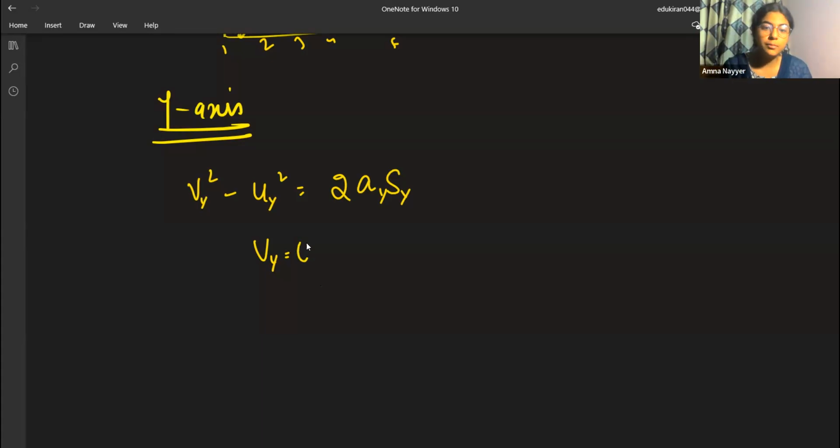For Uy, on Tuesday's class, we discussed that along the x-axis, ux was u cos theta, so the perpendicular component, u sin theta, will be the velocity. Acceleration will be acceleration due to gravity.